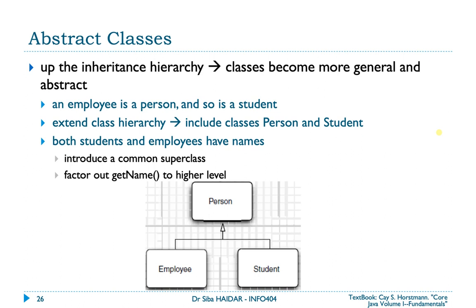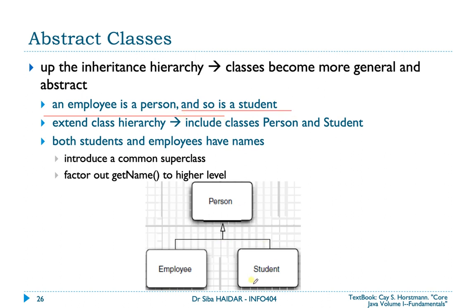So let's talk about abstract classes now. Up in the inheritance hierarchy, if we go up instead of going down, classes become more and more general and abstract. Let's say that an employee is a person, in fact, so is a student.